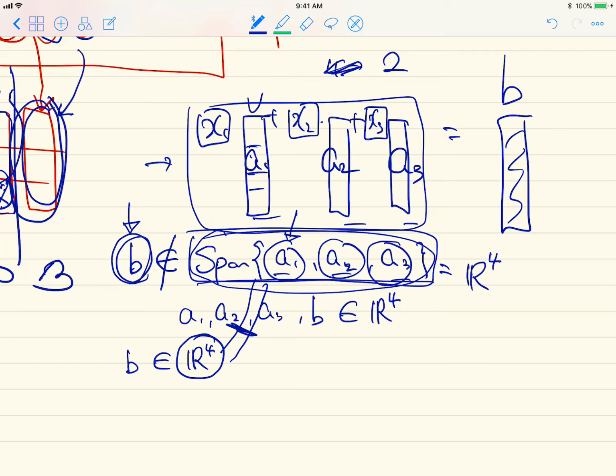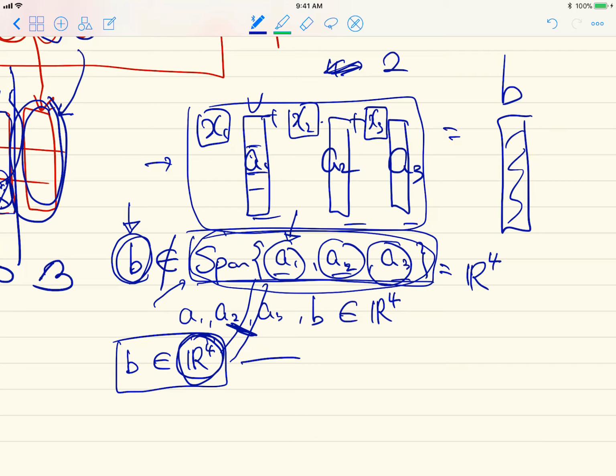By using these two, we can entirely cover up R2, which is our entire universe, and that's when we can guarantee that we always have a solution.